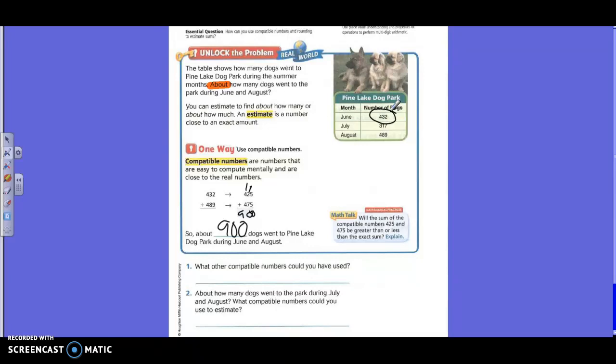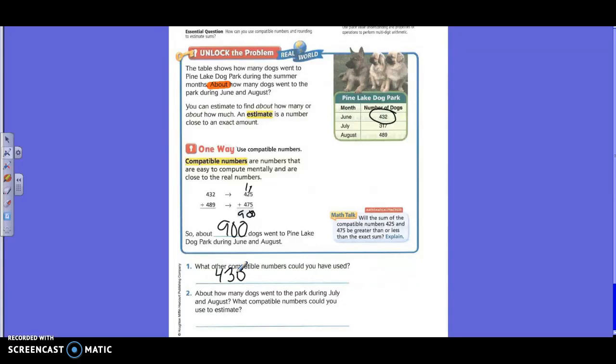That one's pretty far away from 432. Can you give me one that's closer to 432? 425. Well, that's the one that they did. I want a different one. 430. Yes, 430. That's like rounding to the nearest 10, right? 430 could have been a good one.